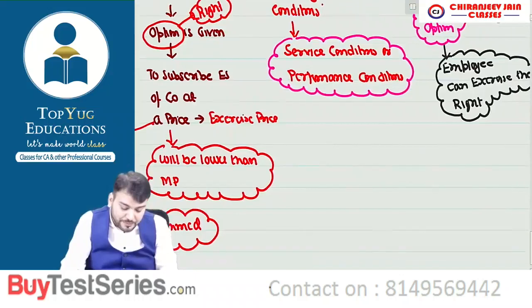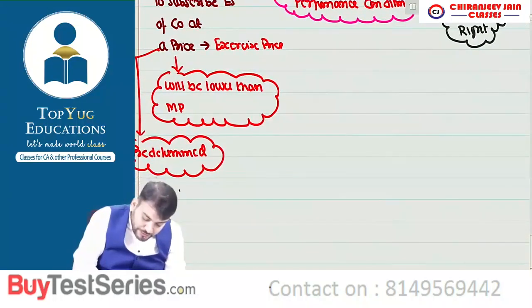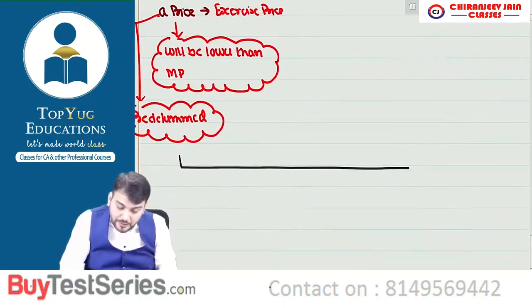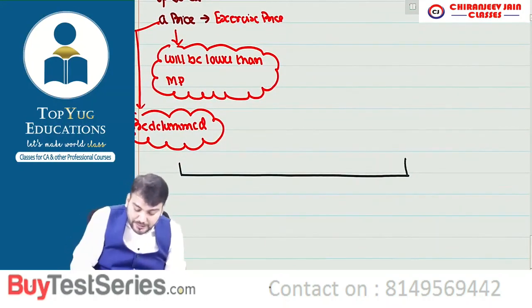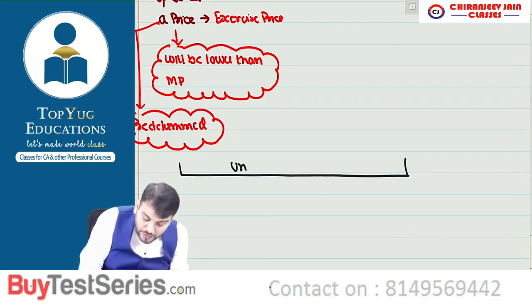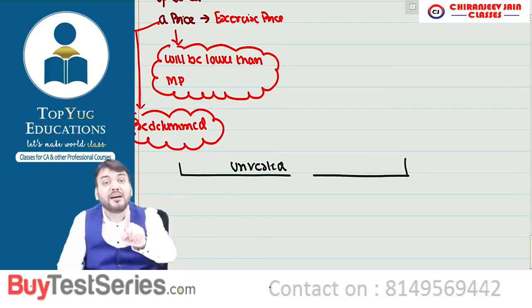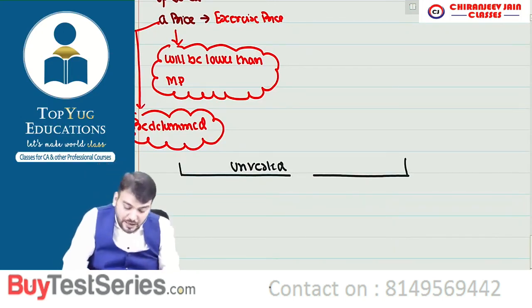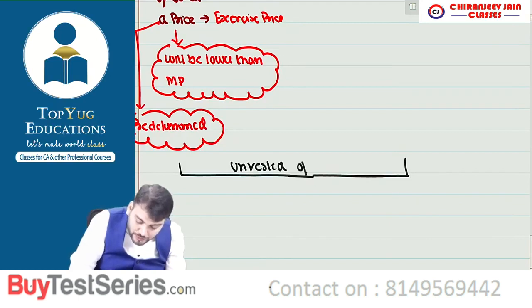One thing is clear, understand my point: during the vesting period the options were unvested. Unvested options means during the vesting period they were unvested. The option was there, but it cannot be exercised. So we call them unvested options.